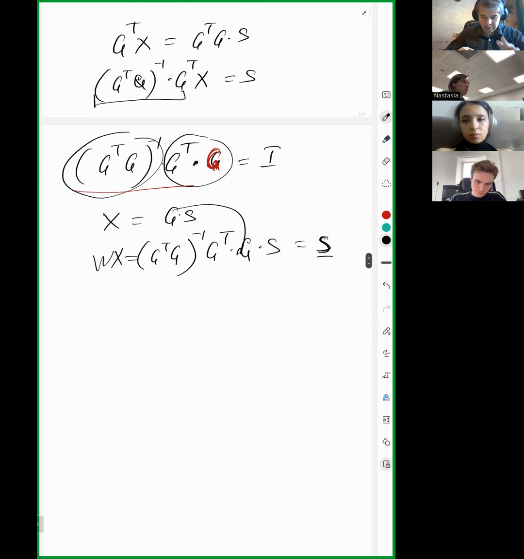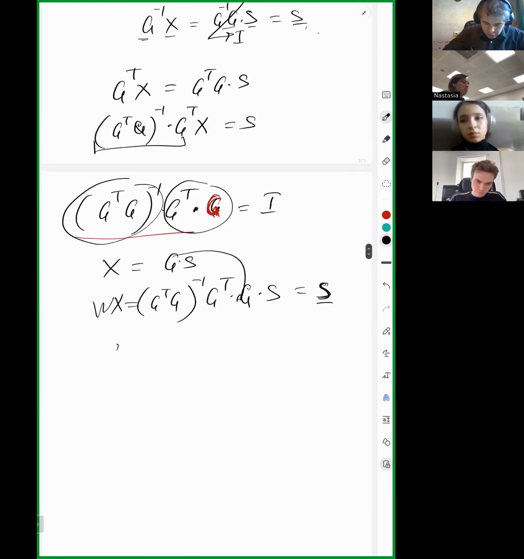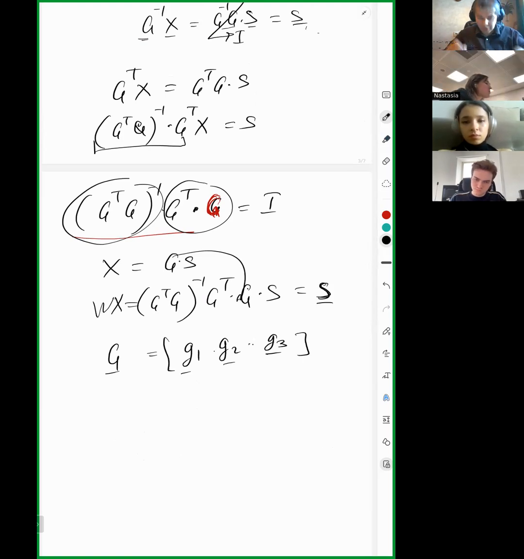The key here is that matrix G, I will repeat again because it's very important, is a small matrix. Let's say three columns, maybe four, but usually that. And therefore this trick works, because G transpose G is a 3 by 3 matrix, and it's most likely full rank, if topographies are not collinear.